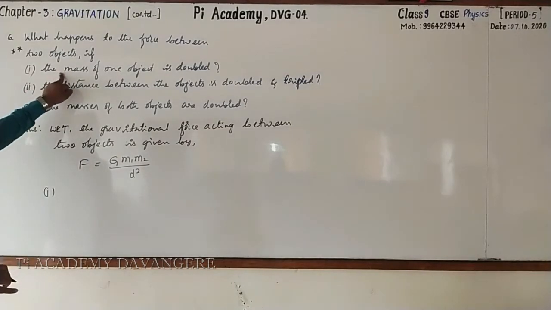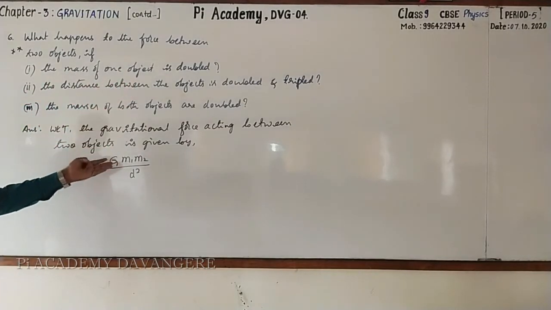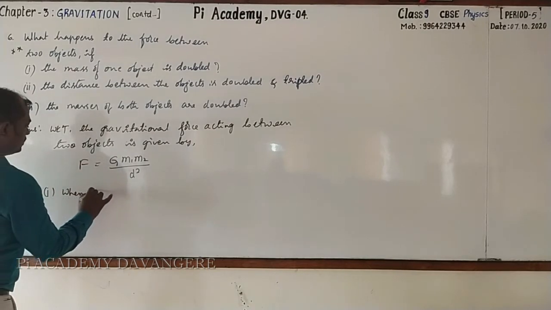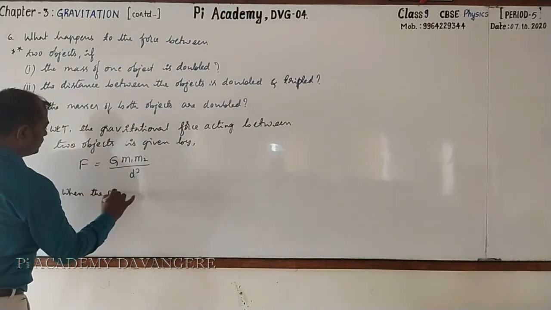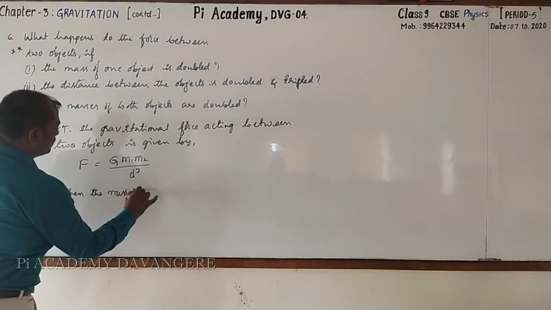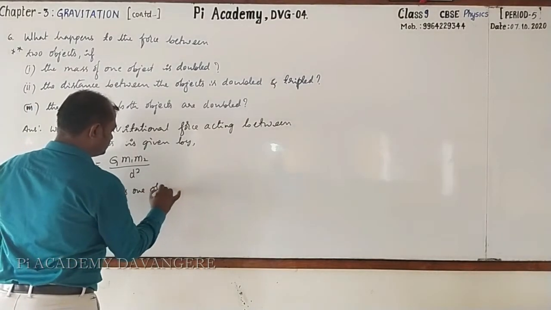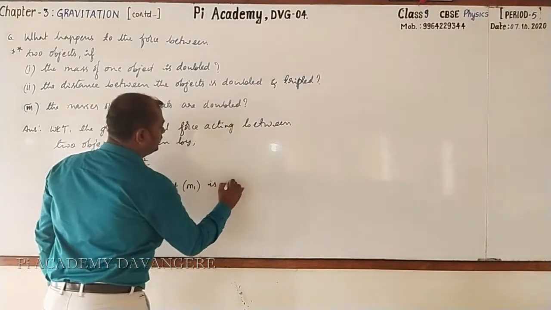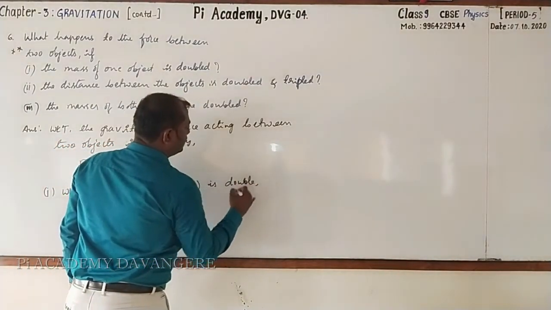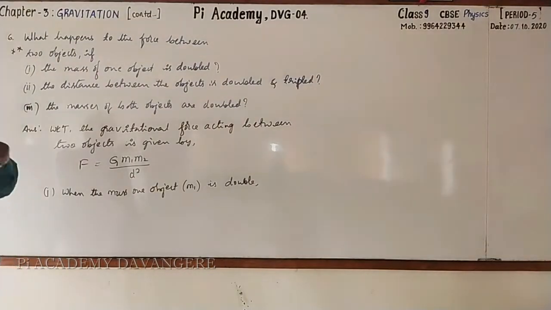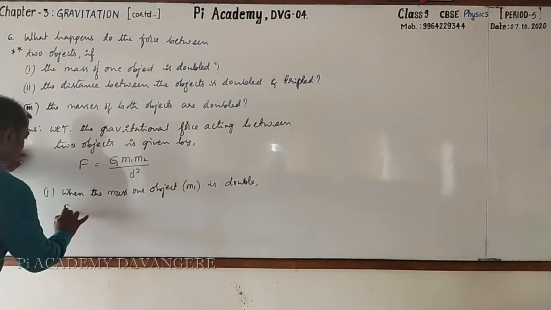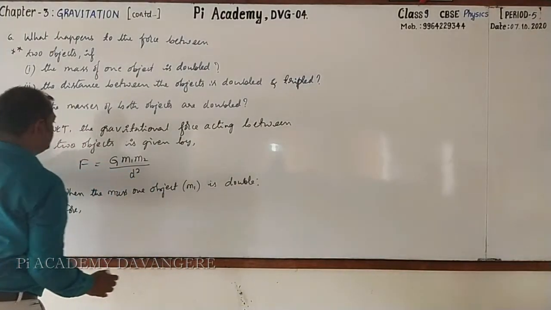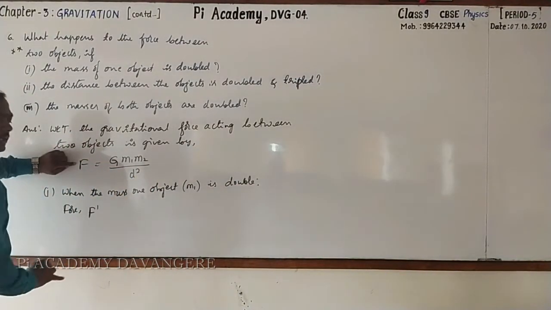First one, the mass of one object is doubled. You may take any one. When the mass of one object, that is, you may call it M1, is doubled, then the new force is taken as F dash.